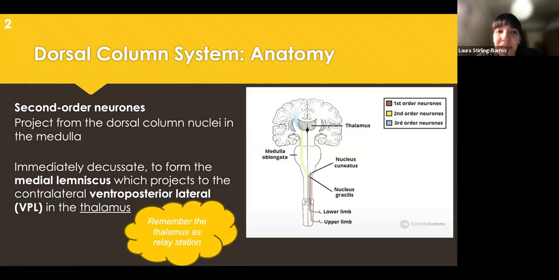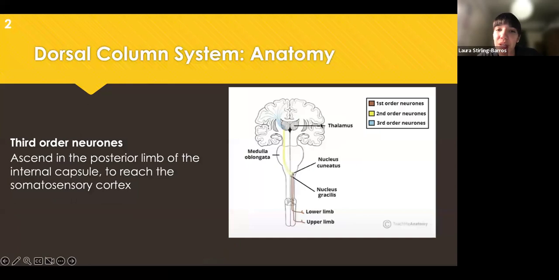So what this means is the dorsal column, which we were talking about first, that was in the spine, becomes the medial lemniscus here and projects to the ventroposterior lateral nucleus in the thalamus. The thalamus is basically the relay station that you've learned about, and then it goes to other parts of the brain like the cortex.